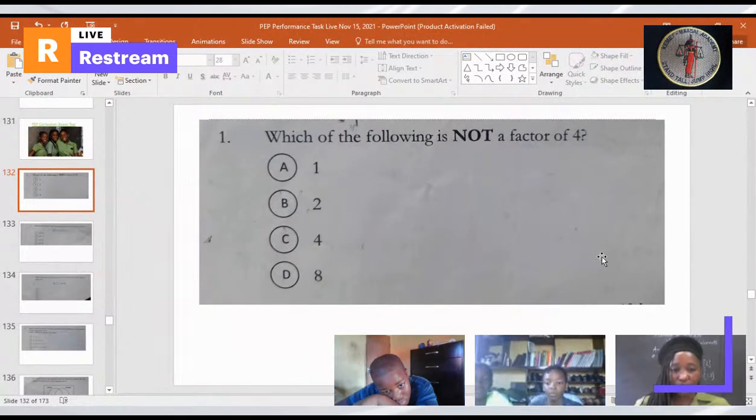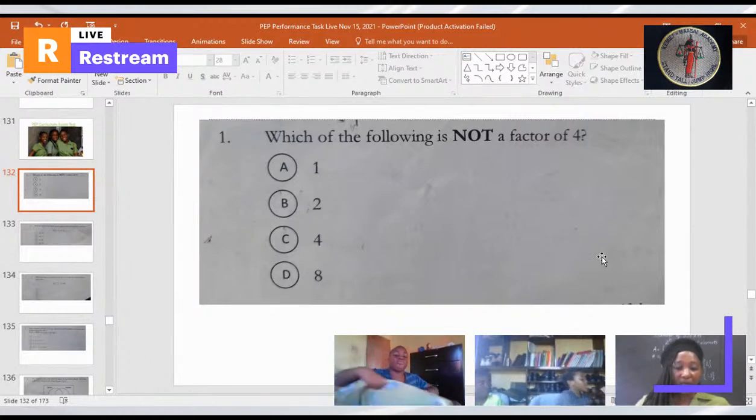The factor is usually the smaller number, and the bigger number is usually the multiple. All right, so we're all agreeing that 8 is not a factor of 4, because if we divide 4 by 8, we will not get a whole number, we'll get a fraction as an answer.